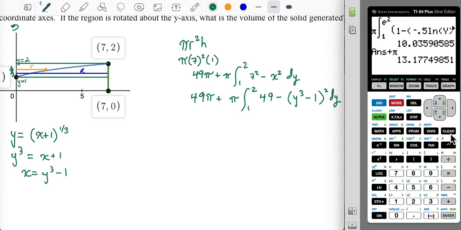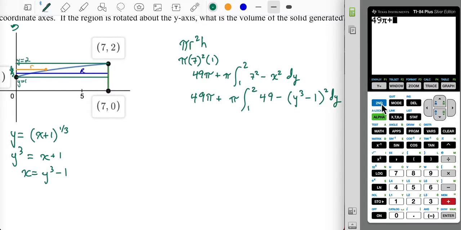Let me get the 49 pi in there first. 49 pi plus pi, math 9, 1 to 2, 49 minus y cubed minus 1, close it up and square it, and y, dy. And that should give us our result, 299.917.